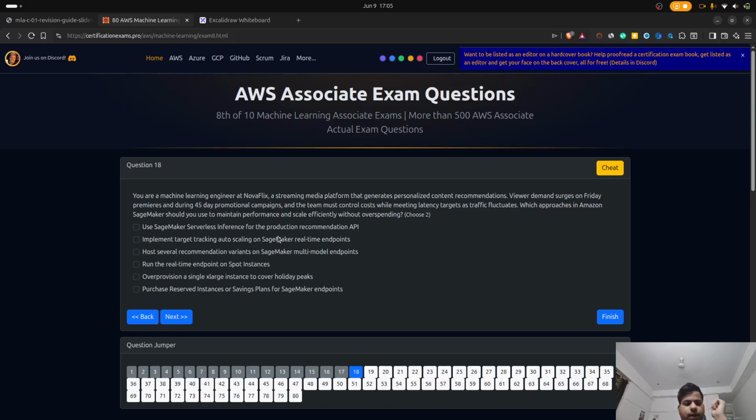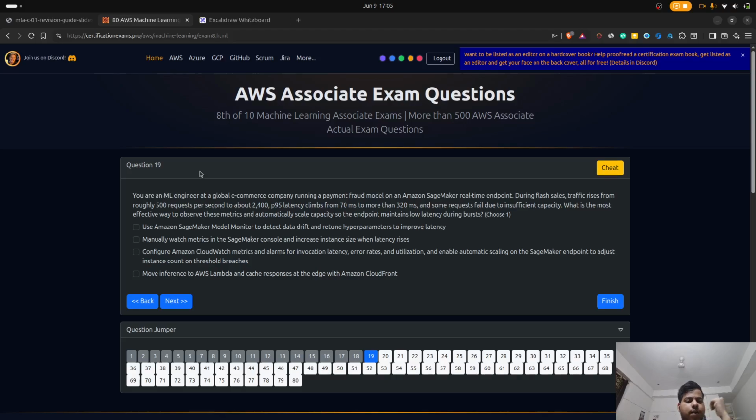At max I can think of only this one. If I should be taking a guess, then I would prefer this one.